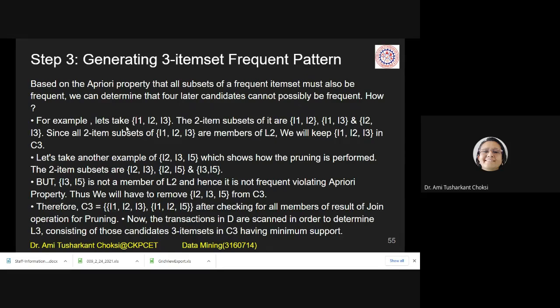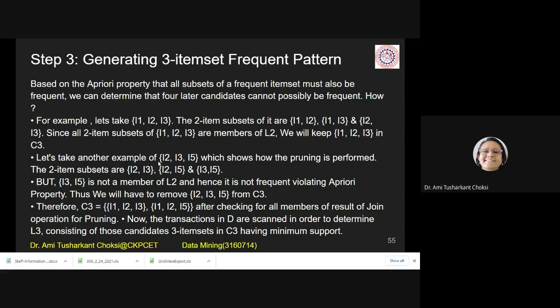Let us take I1, I2, I3. The two item subsets of it are I1, I2, I1, I3 and I2, I3. Since all two item subsets of I1, I2, I3 are members of L2, we have considered I1, I2, I3 in C3, right?